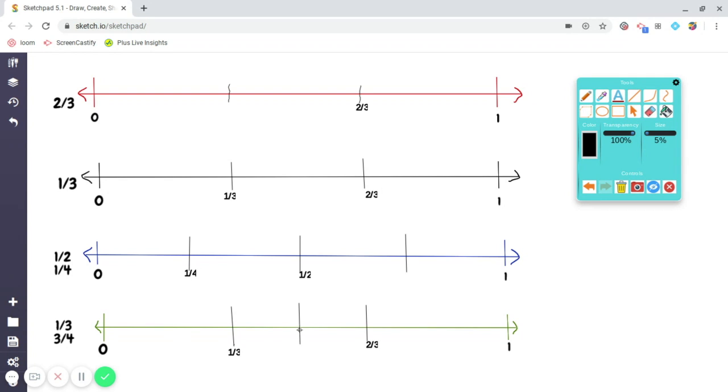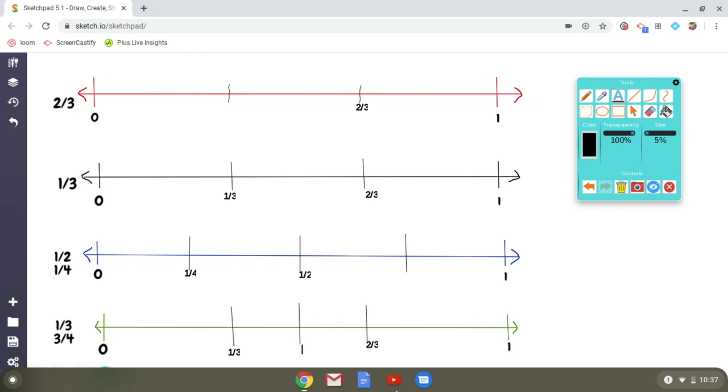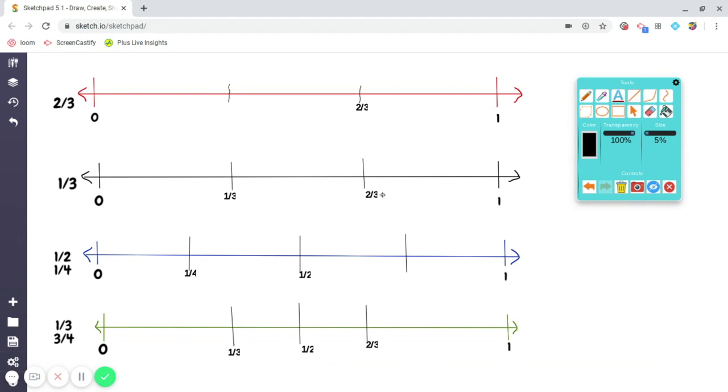And then halfway between 0 and 1/2 would be about right here. Okay. And then about halfway between 1/2 and 1 would be about right here.